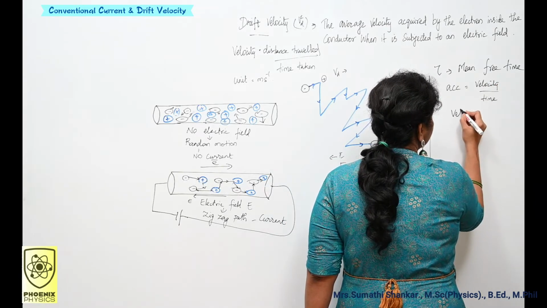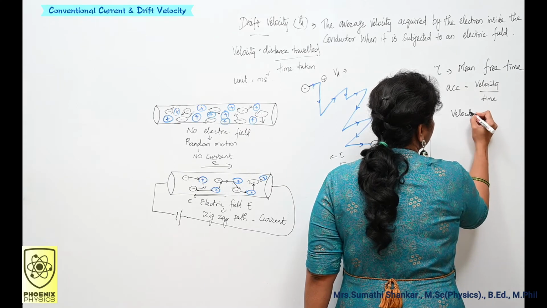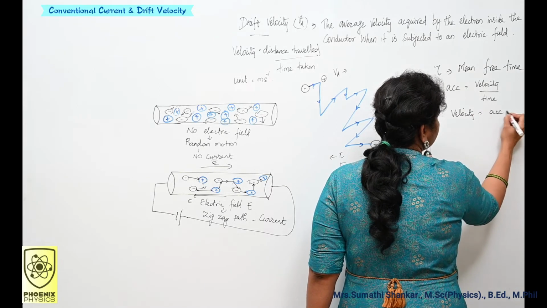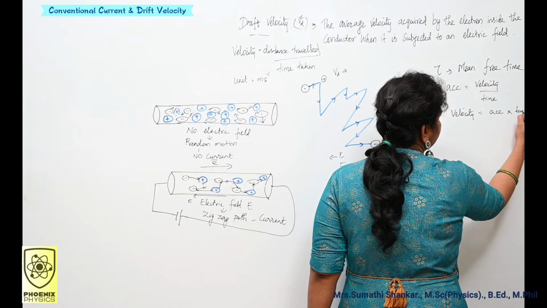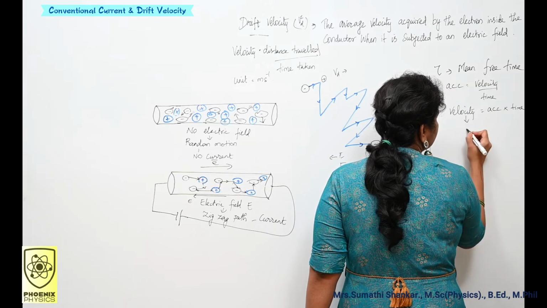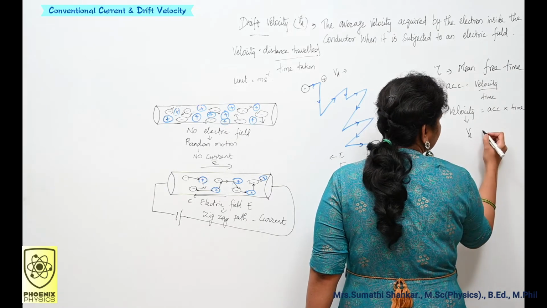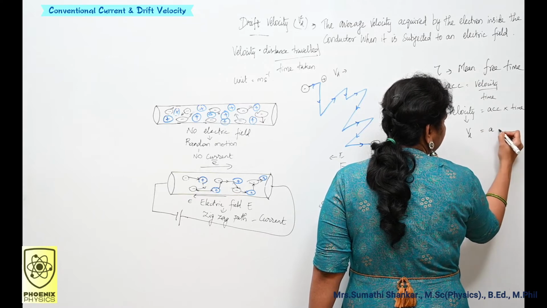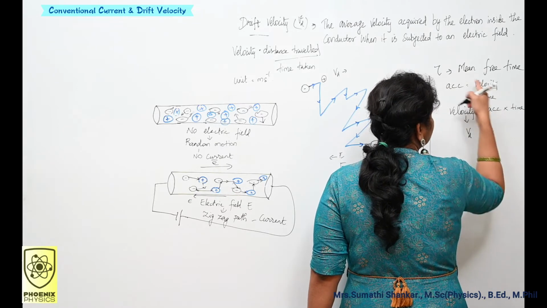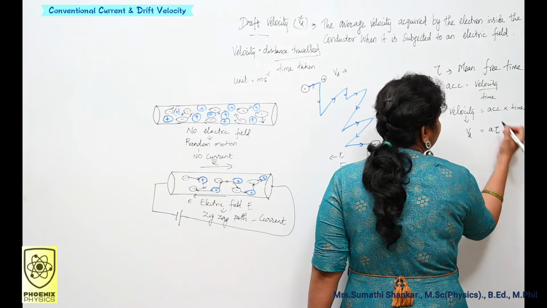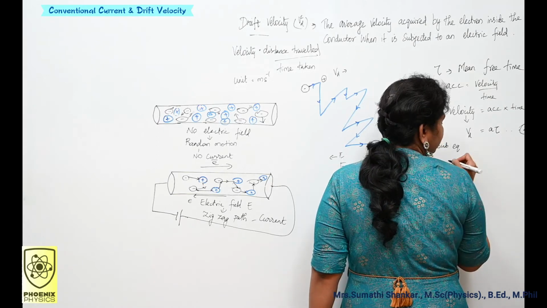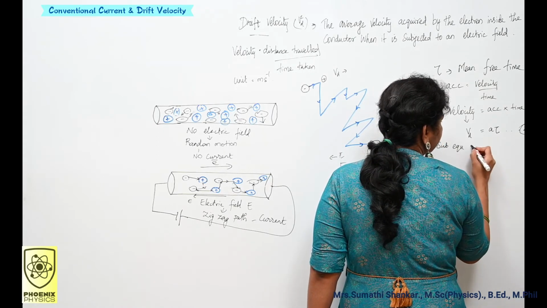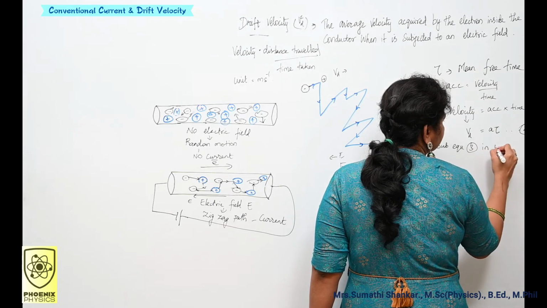Suppose I want velocity, that is acceleration into time. This velocity is the drift velocity Vd, which equals acceleration into time. This time is denoted by tau, that is the mean free time. This is equation 4. Substitute equation 3 in 4.